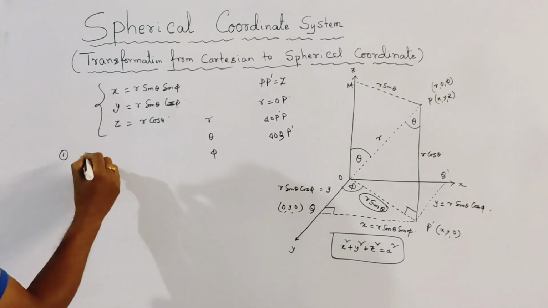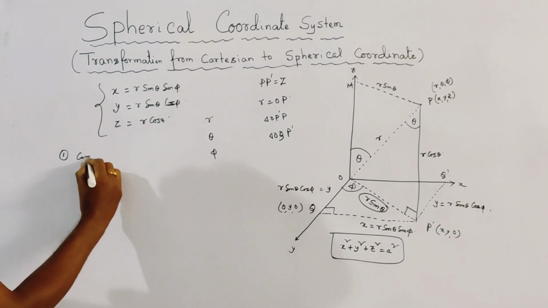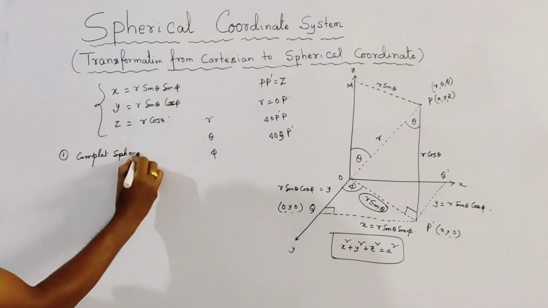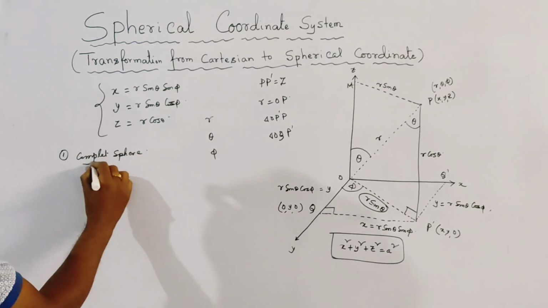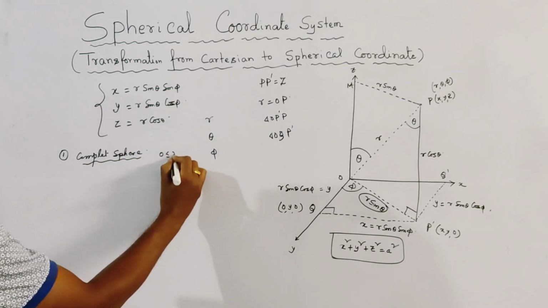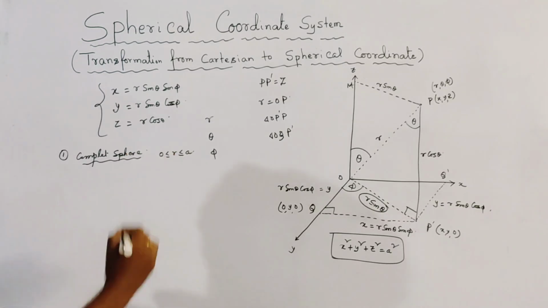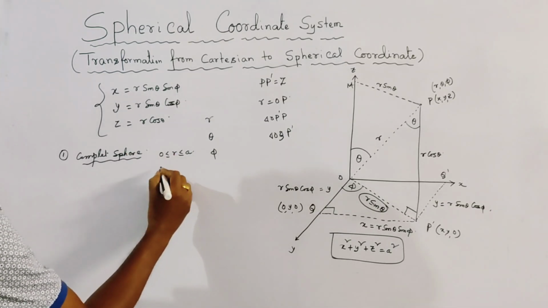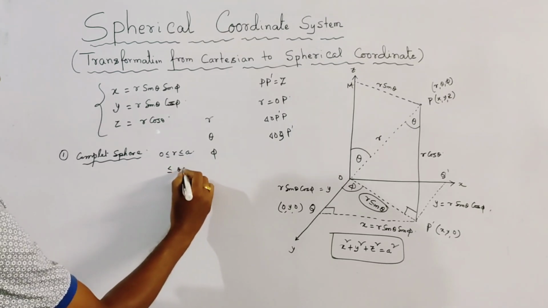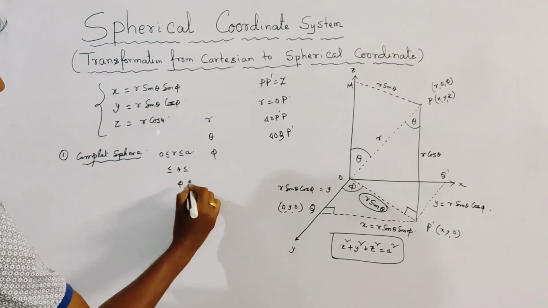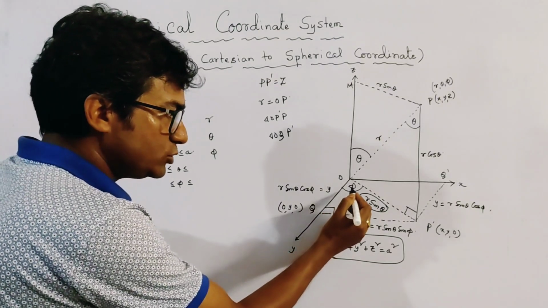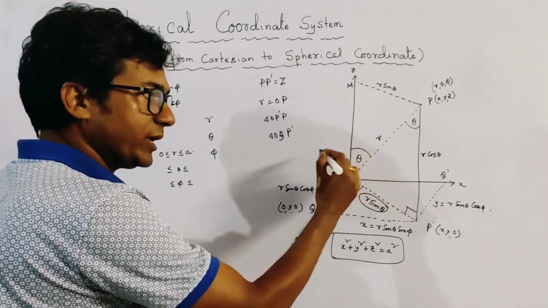So for the complete sphere, the range of r is 0 less equal to r less equal to a. And for the complete sphere we take the range of theta and range of phi.